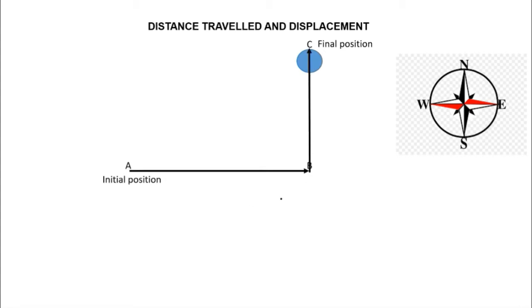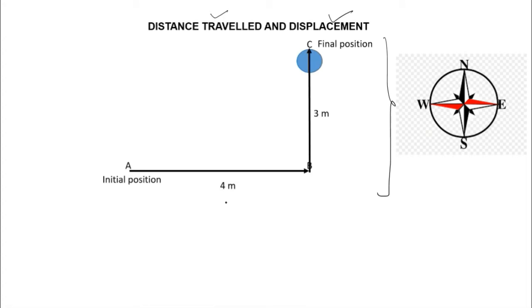Let us consider that suppose it moves from A to B for some distance, let's say 4 meter distance, and then from here it has moved some 3 meter distance. Now we will take this example to understand the meaning of distance traveled as well as displacement.